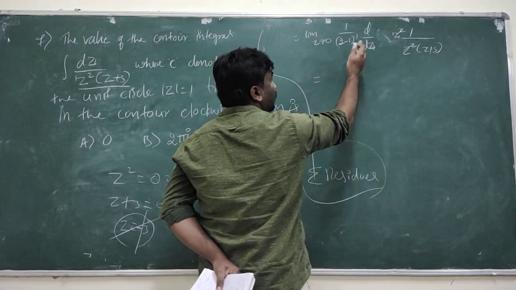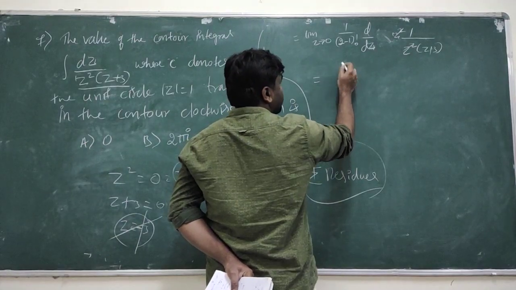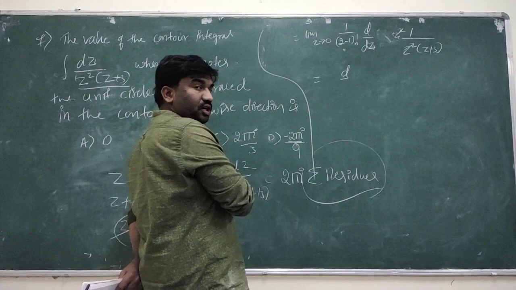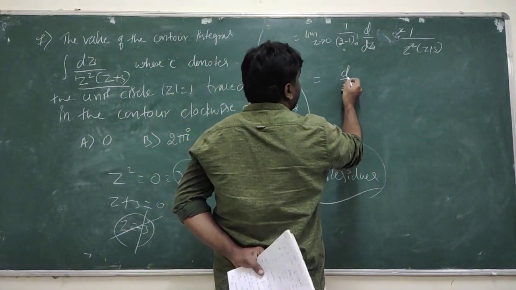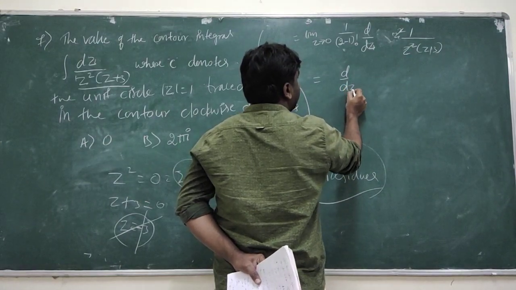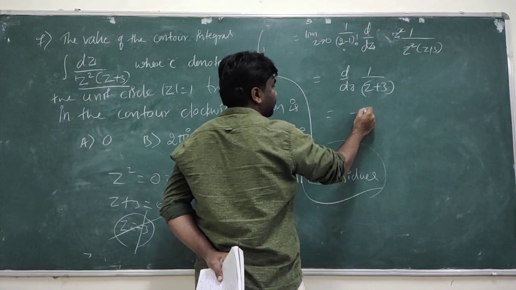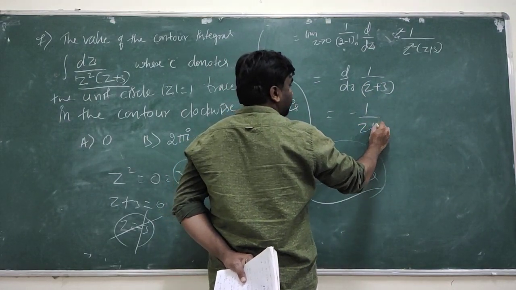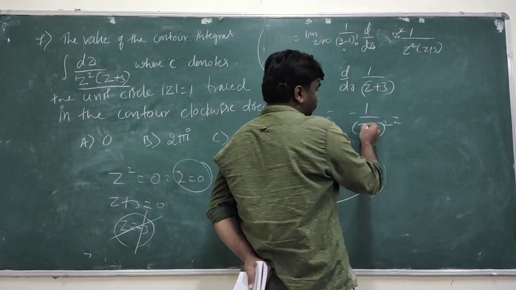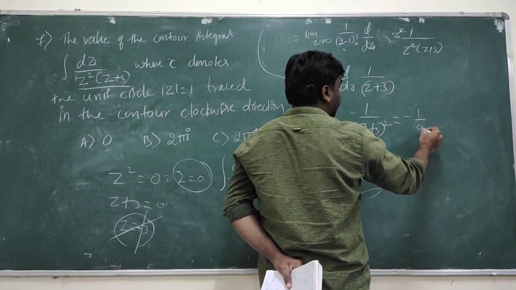And 1 by 2 minus 1 factorial is 1 factorial, which is nothing but 1. This is because it is a pole of order 2. And d by dz of 1 divided by z plus 3, if we differentiate this, we will get minus 1 by z plus 3 whole square, which is equal to, put the value of z as 0, and it becomes minus 1 by 9.